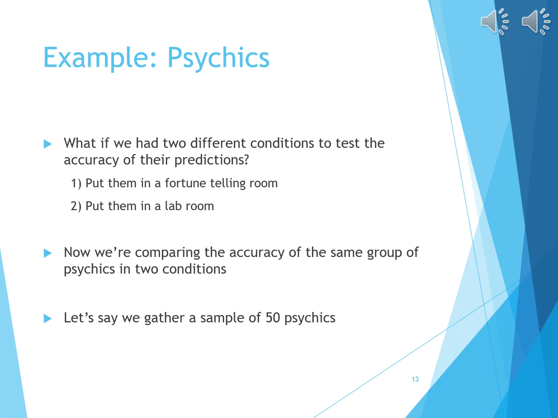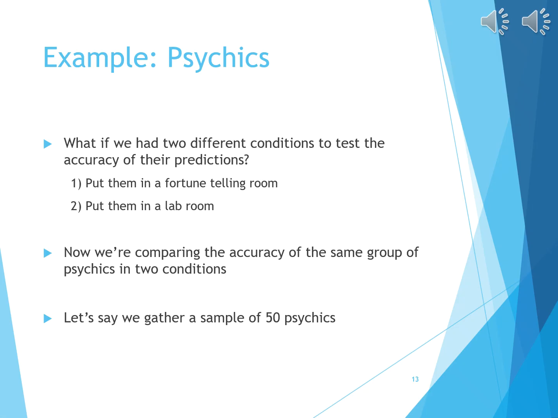So what if we wanted to know whether people who are self-described psychics are able to correctly predict the suit of a card from a 52 card playing deck, whether they're more accurate in those predictions when they're in a lab room, when we actually take them into a lab room in a psychology building or something like that, versus the same people trying to predict the suit of cards in a fortune-telling room, because maybe they'll be more comfortable, they're kind of in their natural element, right?